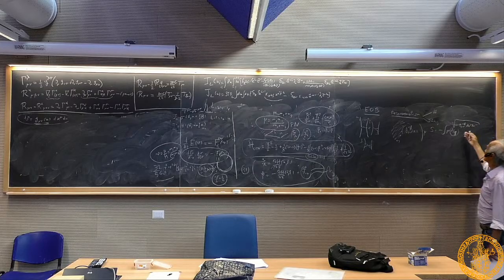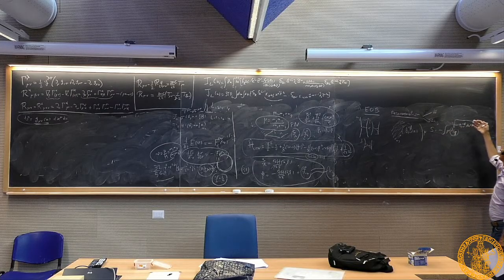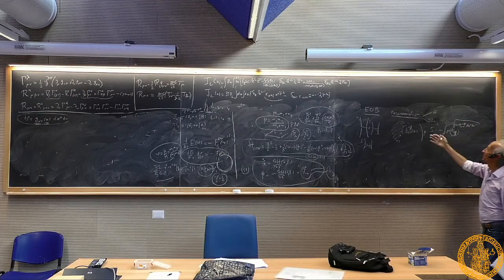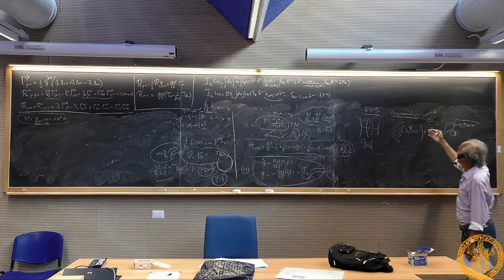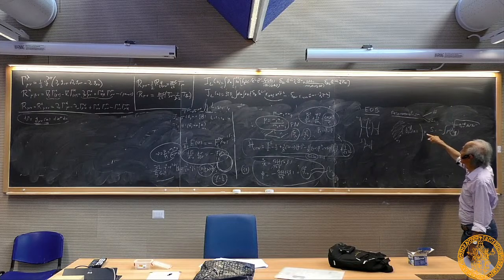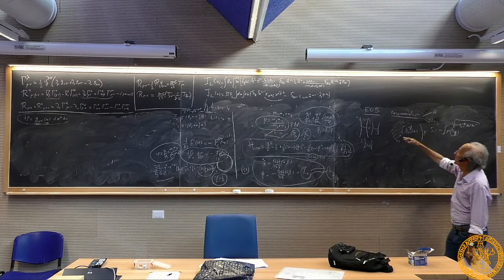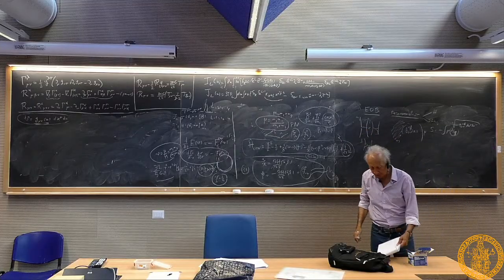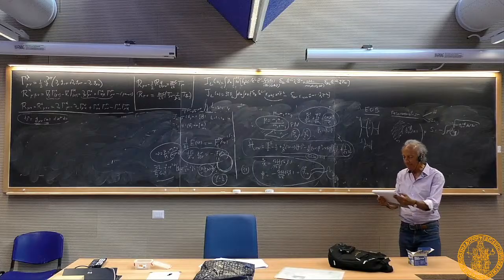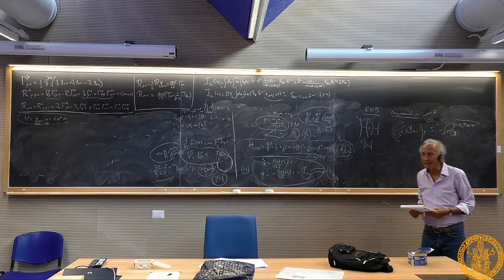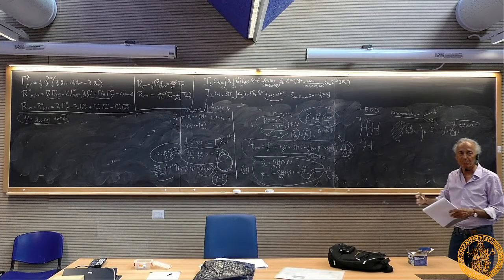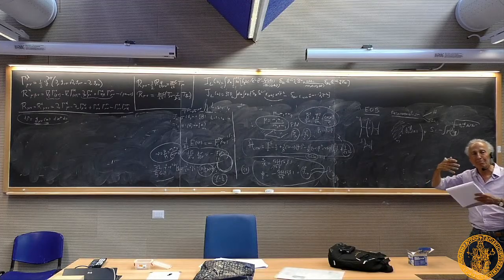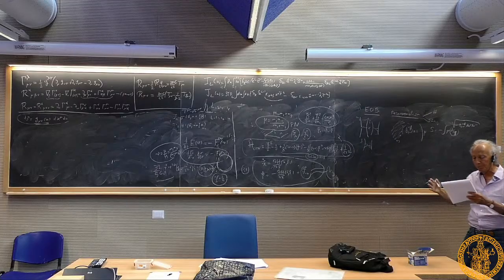So this is the action of a test particle in some external effective metric. Does it exist? An effective metric such that the geodesic motion of a particle of mass mu is equivalent to this complicated thing? And surprisingly, the answer is essentially yes, with some correction, and this is why it is useful, because it simplifies a lot the two-body problem by replacing it with an effective one body.